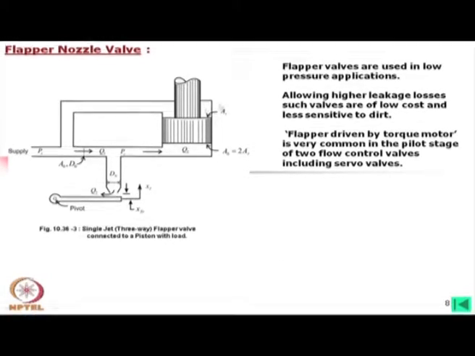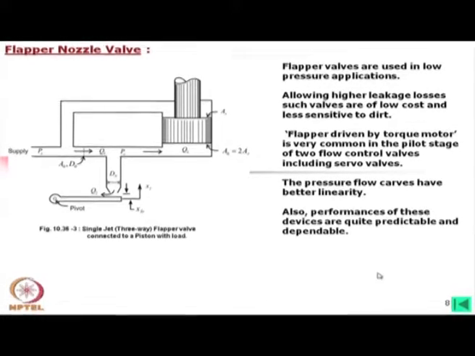Here also we have taken this cylinder with the same 1:2 ratio. The pressure flow curves have better linearity. Also, the performance of these devices is quite predictable and dependable.